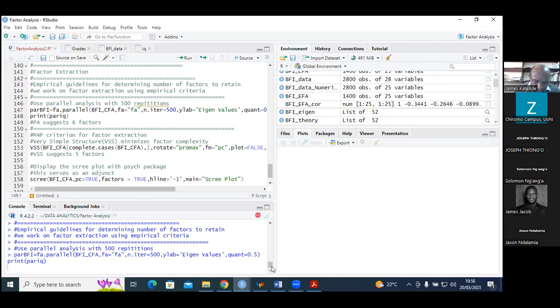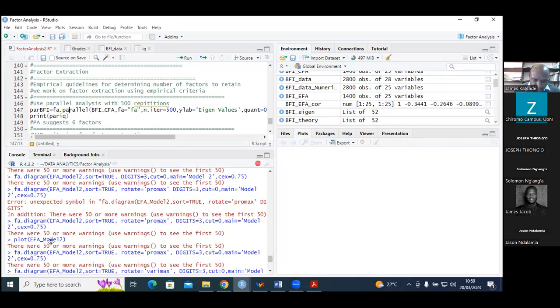I need to move this up. Let's run it again. Oh, this is printing the wrong one.